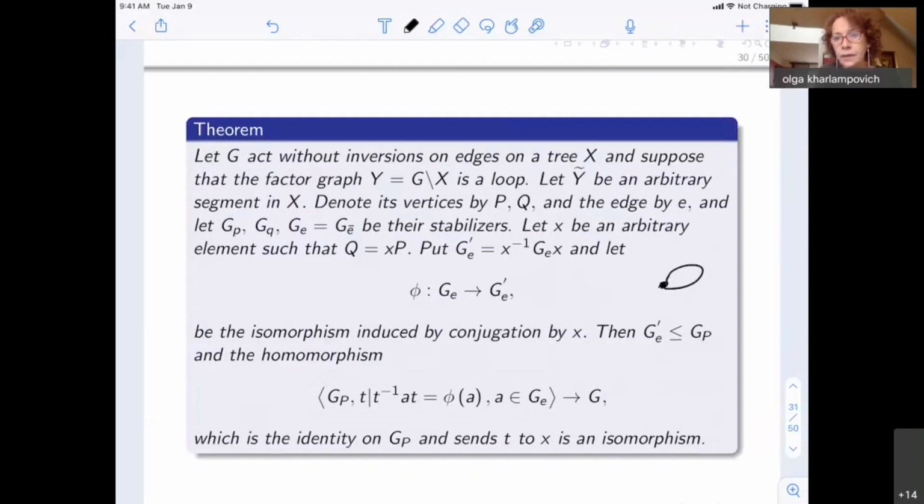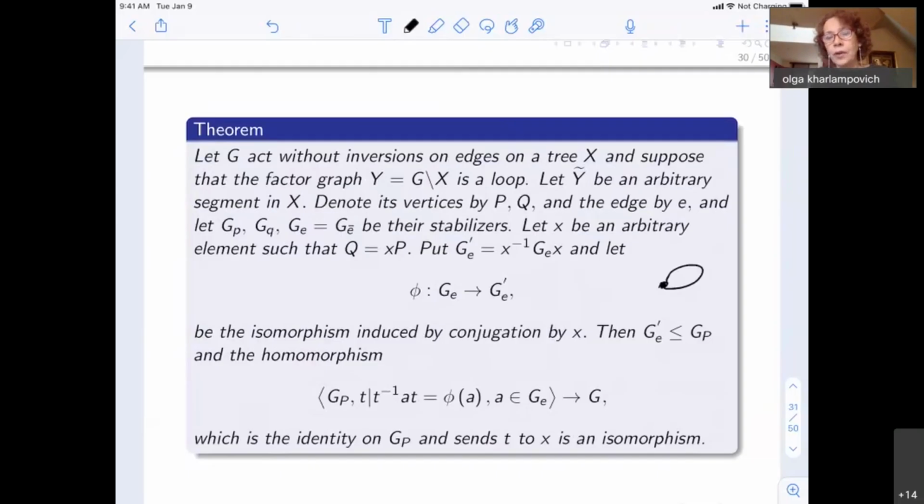And then the group is an HNN extension of the stabilizer of P by letter T, over the subgroup, the stabilizer of H, and this is an isomorphism.